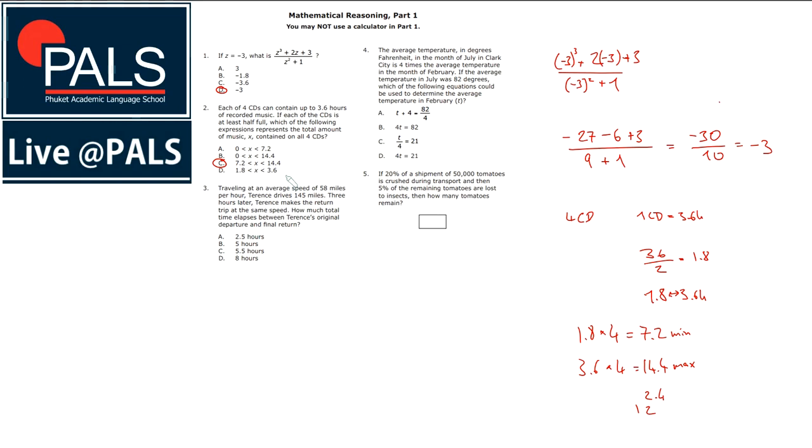Traveling at an average speed of 58 miles per hour, Terence drives 145 miles. Three hours later, Terence makes the return trip at the same speed.